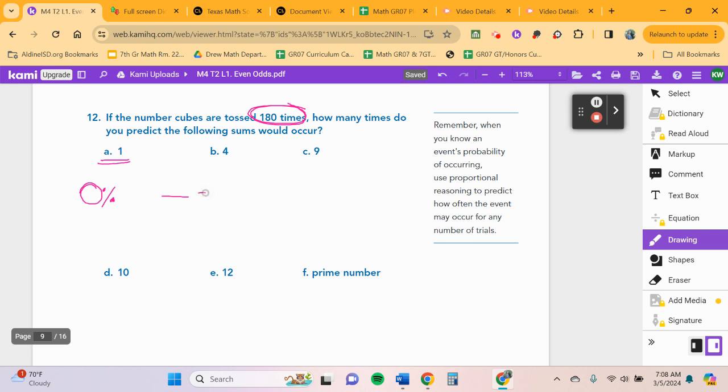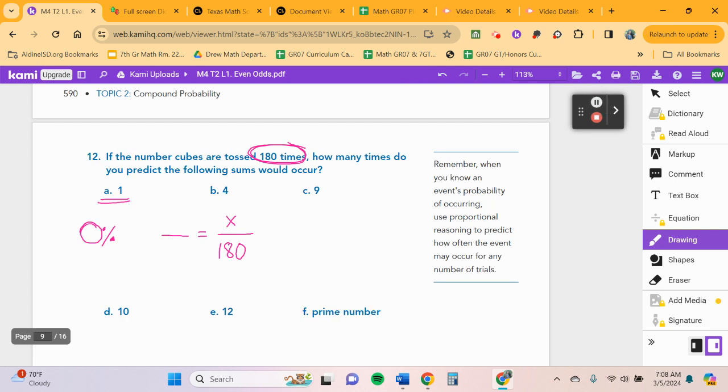To get the prediction of rolling a 4, we need to first find that probability and then set that number equal to x over 180. That probability was 3 out of 36. Now we need to figure out what x represents.